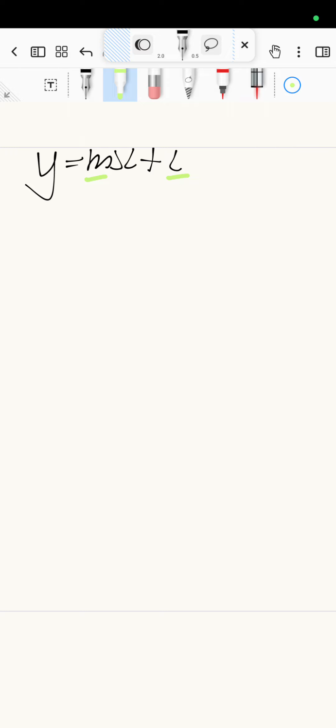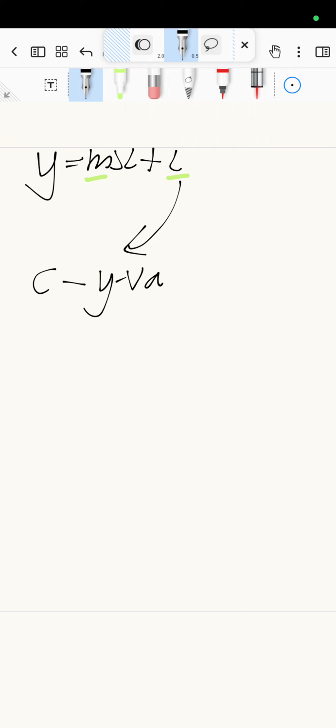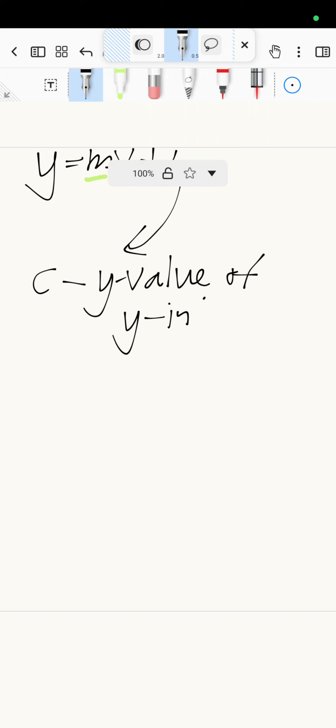m and c are going to stay the same thing. m is our gradient and c is the y value of the y-intercept for this linear function, and that's fine. Okay, but I also want us to just think about this for a second.